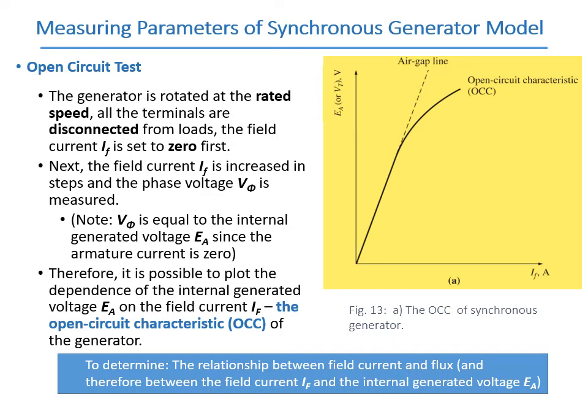This is why this test is called the open circuit test, because all the terminals are disconnected from any load. Then we start with the field current set to 0. Next we increase the field current in steps, and while we are doing that, we measure and record the terminal voltage or the phase voltage.